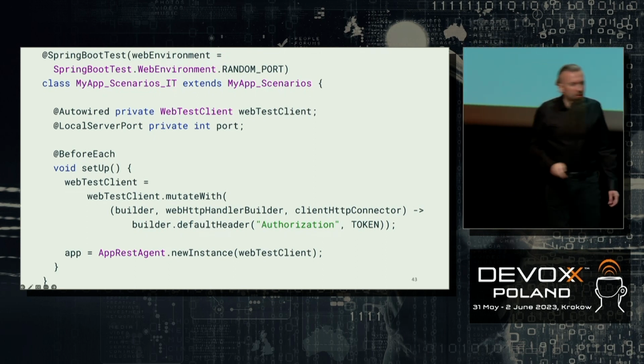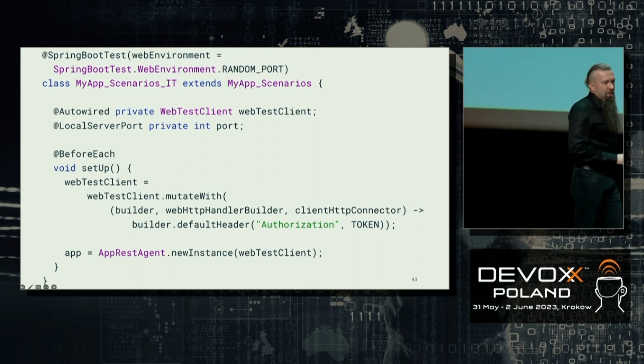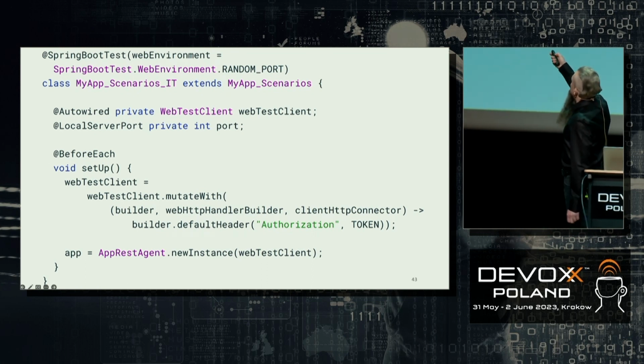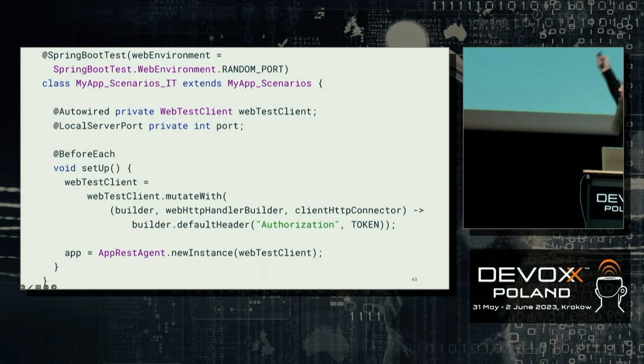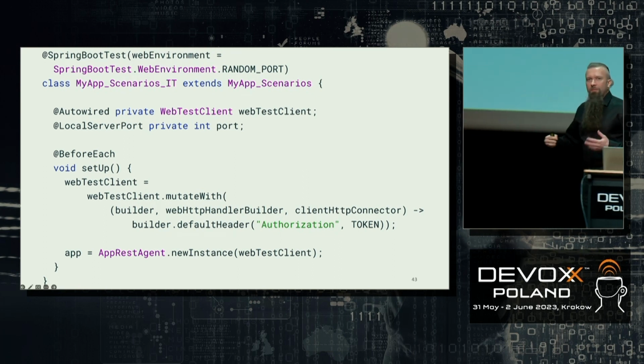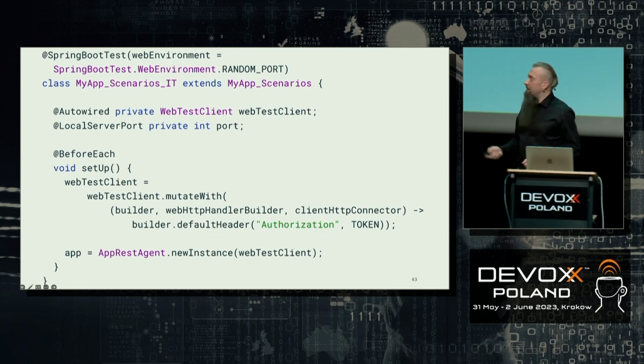How would the implementation look? Let's see the Spring Boot integration test, for example. Again, we are just simply extending the unit test base class with all our tests, so they will be automatically executed when those classes run.